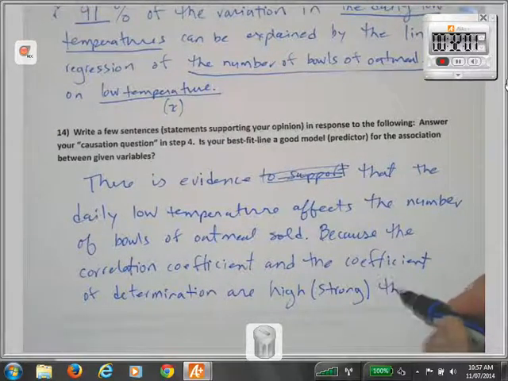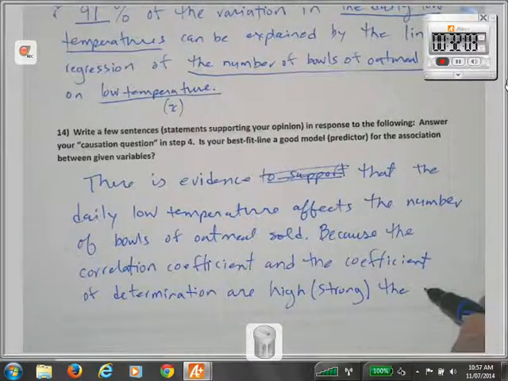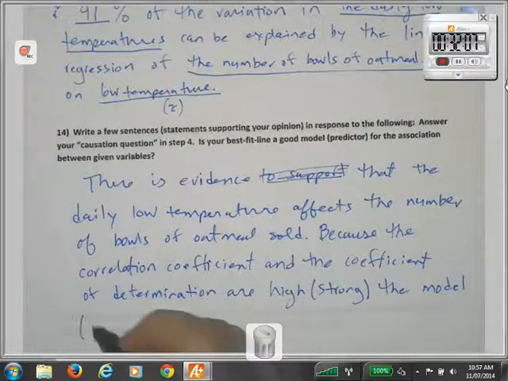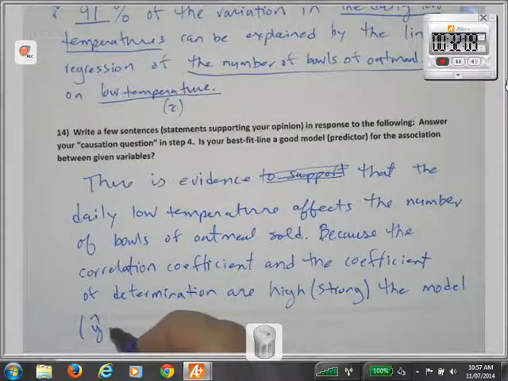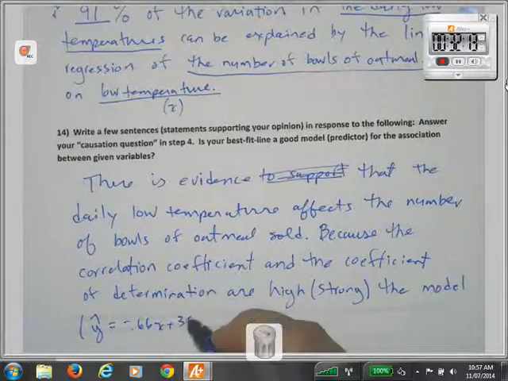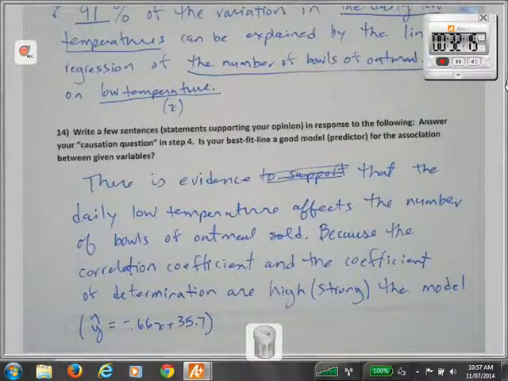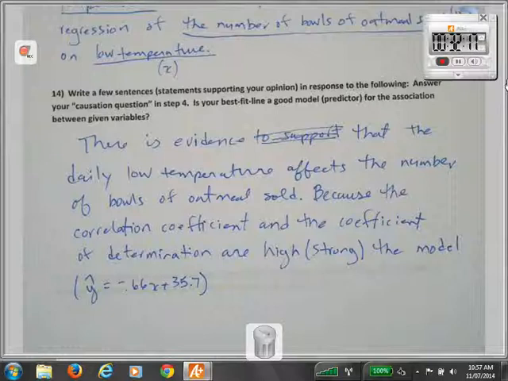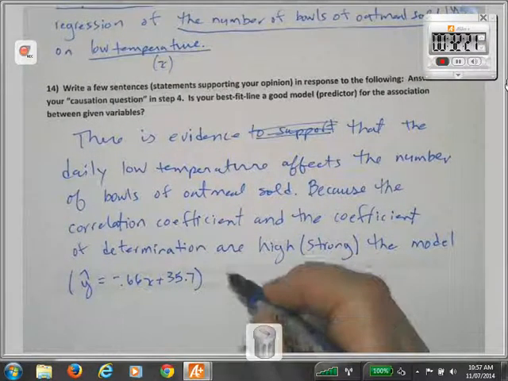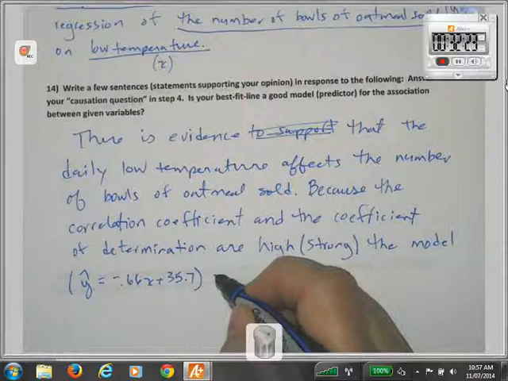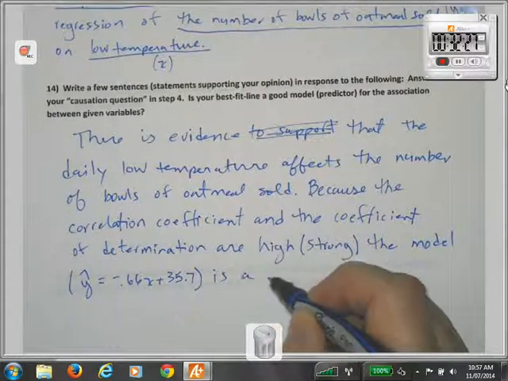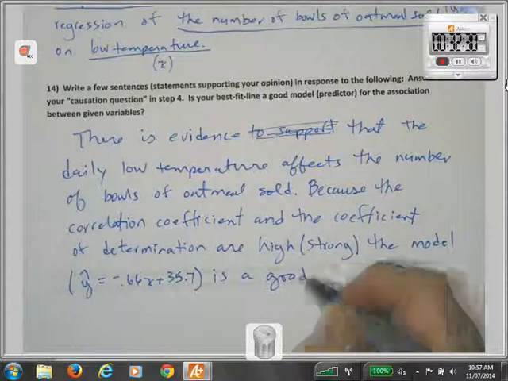The model, and you can even say what that is, y hat equals negative 0.66x plus 35.7. Remember, a model is an actual equation. Is a good predictor.